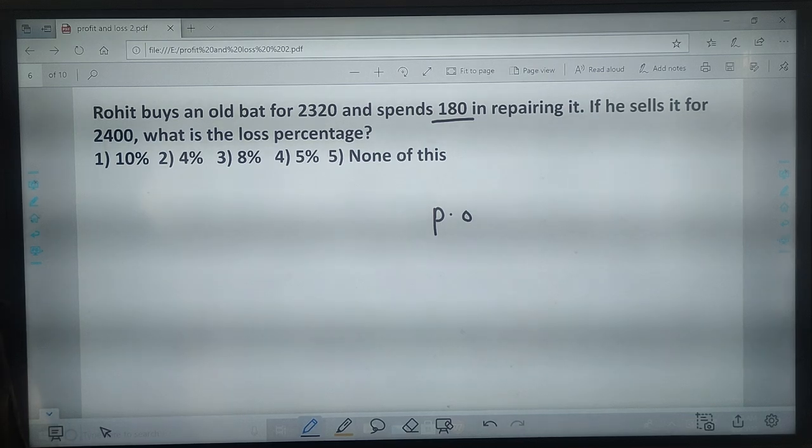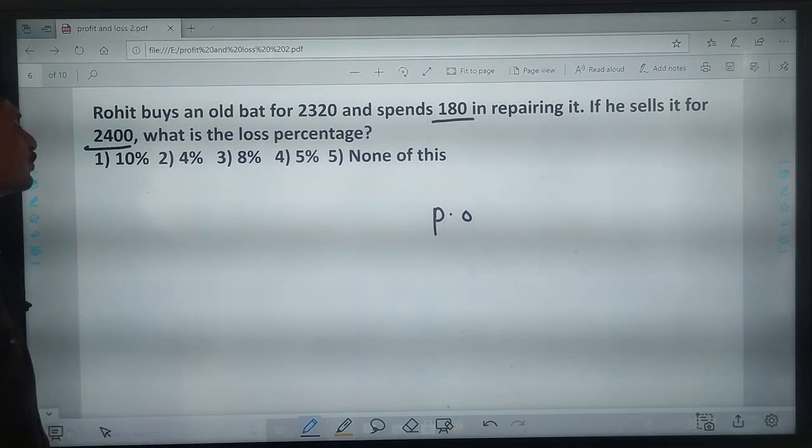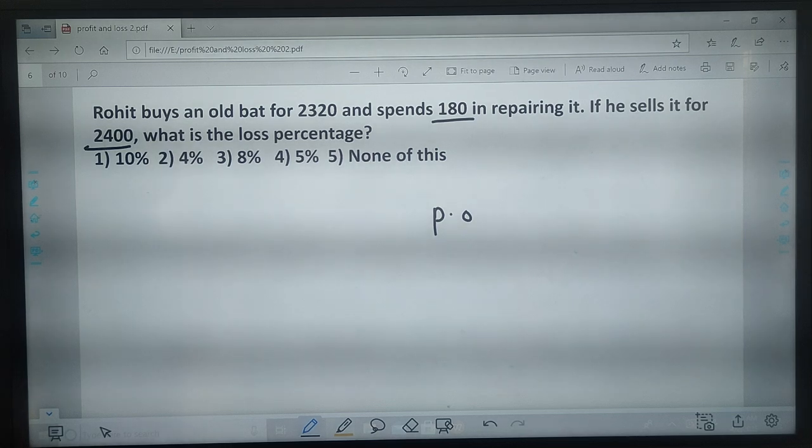If he sells it for 2,400 rupees, what is the loss percent?